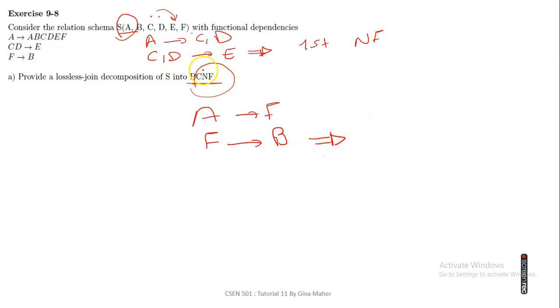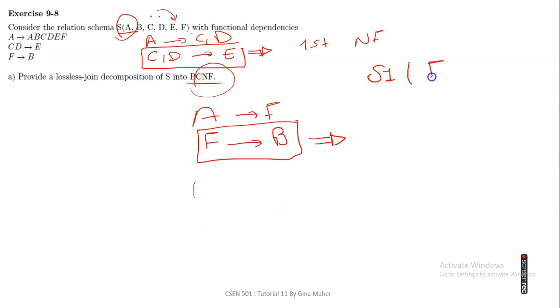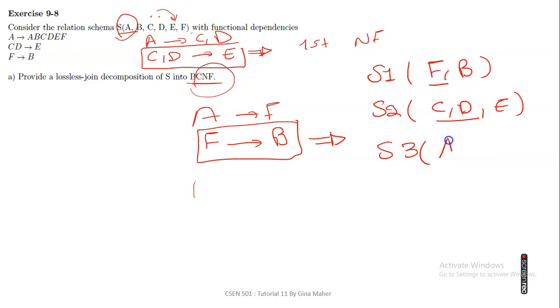In order to reach the third normal form, we should remove these dependencies and put them in a new table. So we will have S1 with F and B, S2 with C, D, E, and S3 with the remaining A, C, D, F.